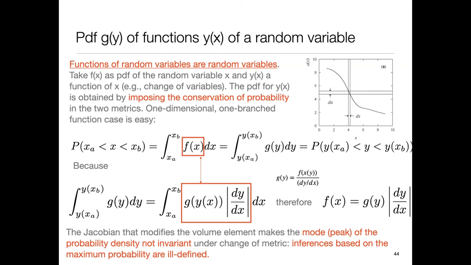So with the definition that we know, the probability of X between XA and XB is the integral of the PDF between XA and XB.